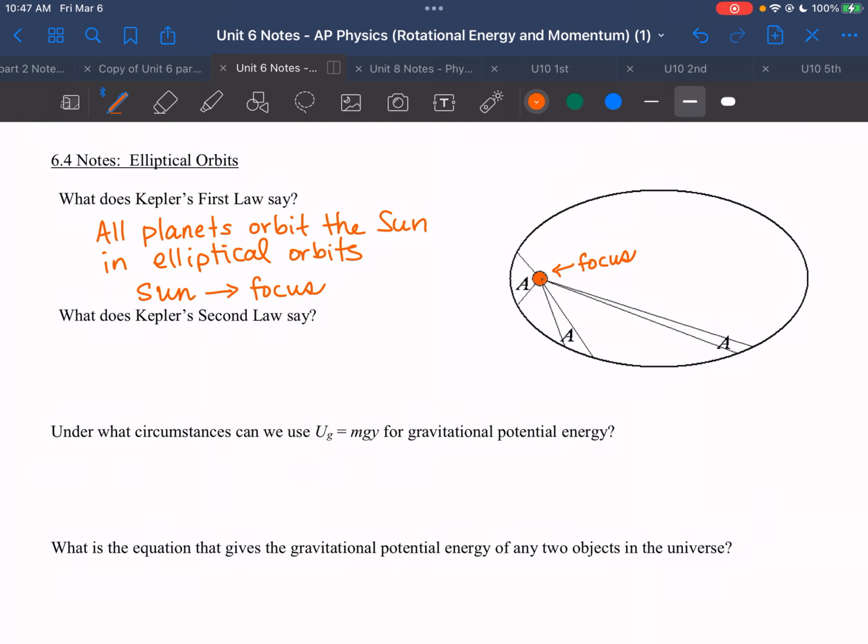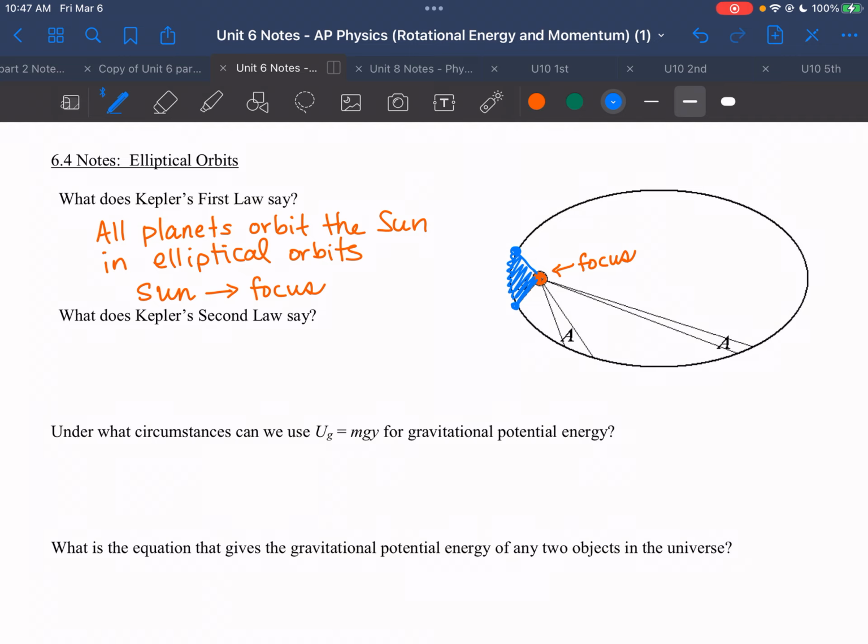Kepler's second law says that if you sweep from where the sun is to where your planet is, and you record a certain amount of time, and then you draw another line from your planet to where the sun is, this distance covered sweeps out equal areas, looking at this whole chunk here, equal areas in equal amounts of time.